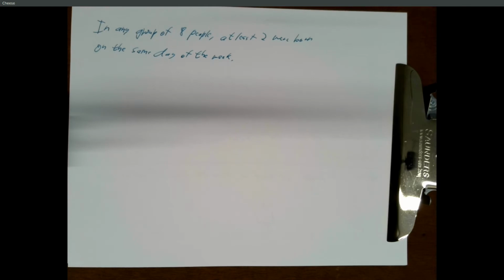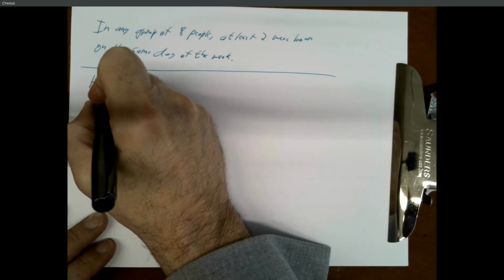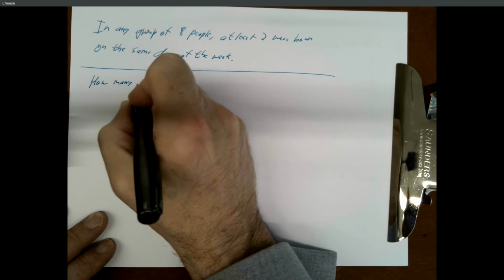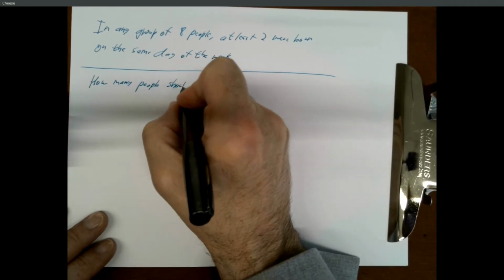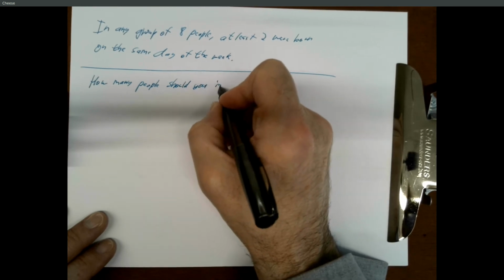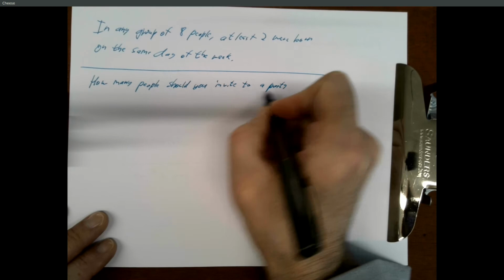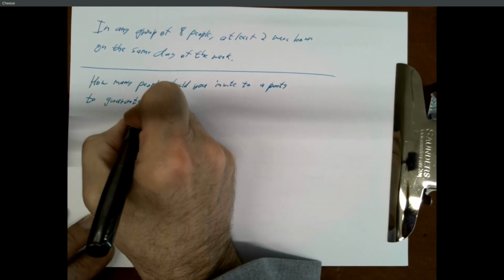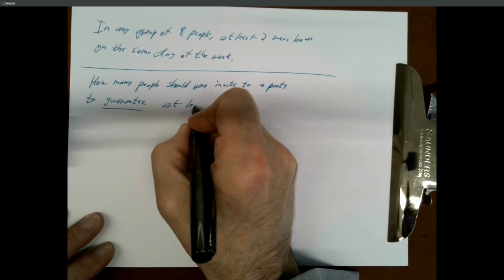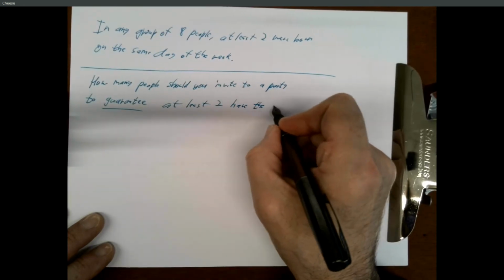All right, and sometimes we flip the questions around. So we could ask a question like this. How many people should you invite to a party to guarantee at least 2 have the same zodiac?